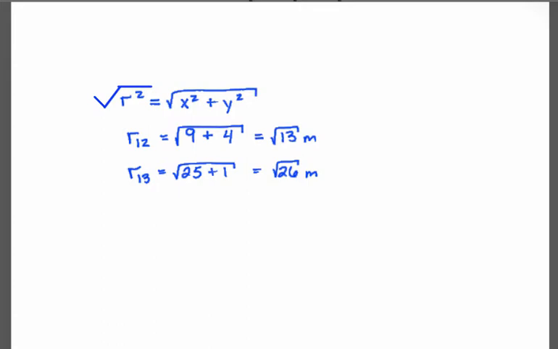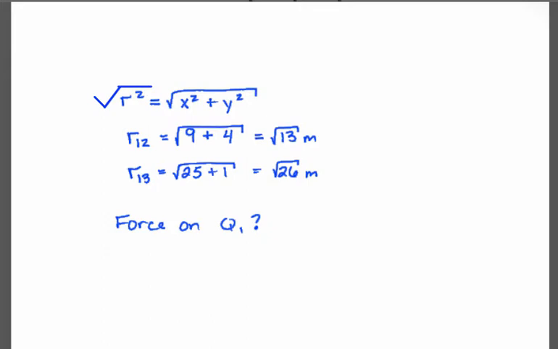Alright, so in this particular problem, we're looking for the force on Q1. Which is why at this point I'm not going to bother with the distance between charges 2 and charges 3.